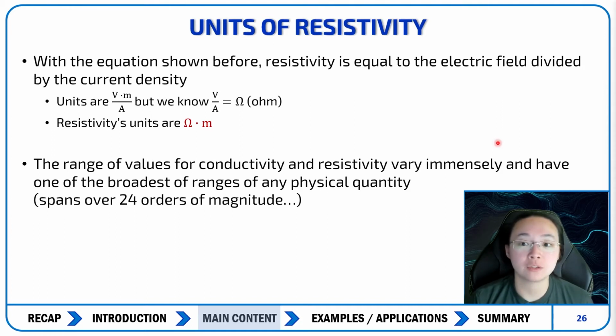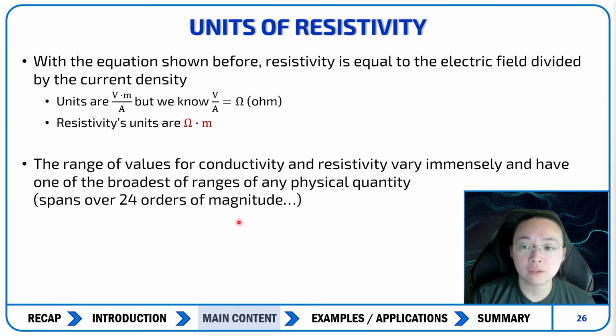And that's why it's called Ohm's law, because we have a definition in order to derive the units based off of ohm. So the resistivity's units are going to be ohm meters, because that will be how much resistance there is for a given measurement.